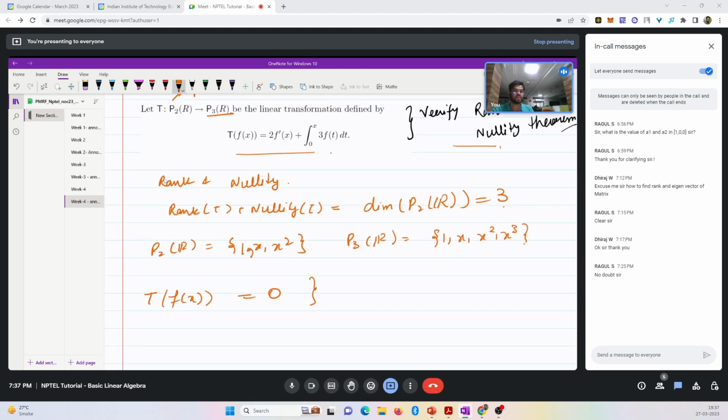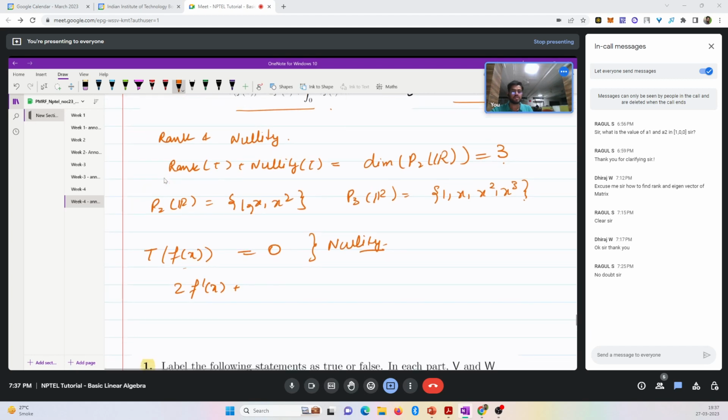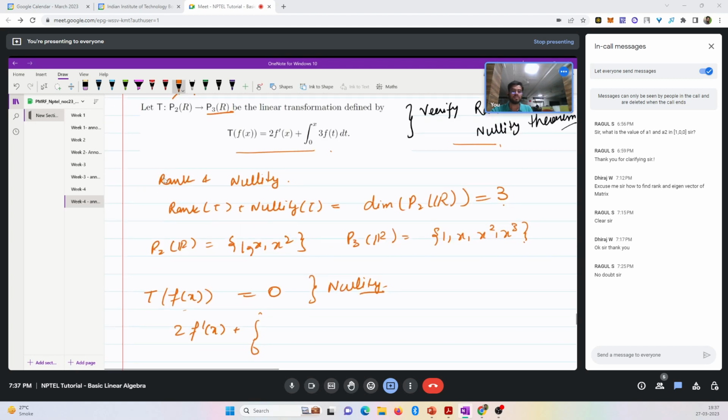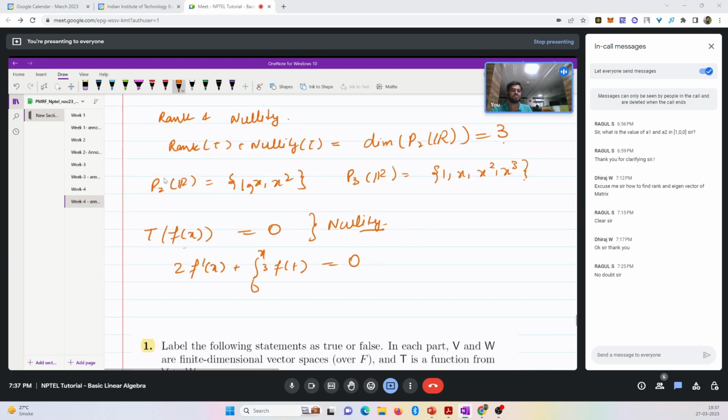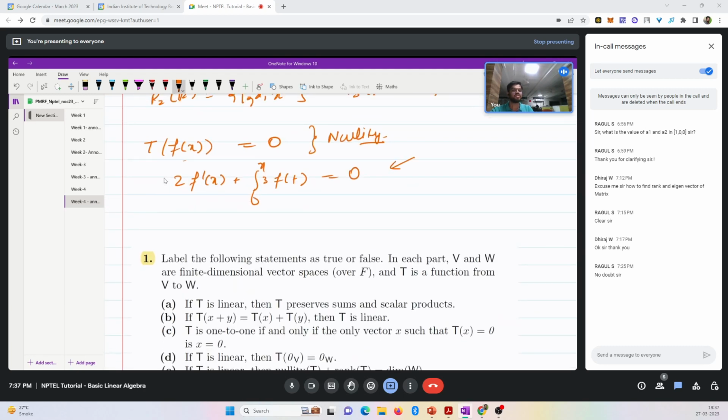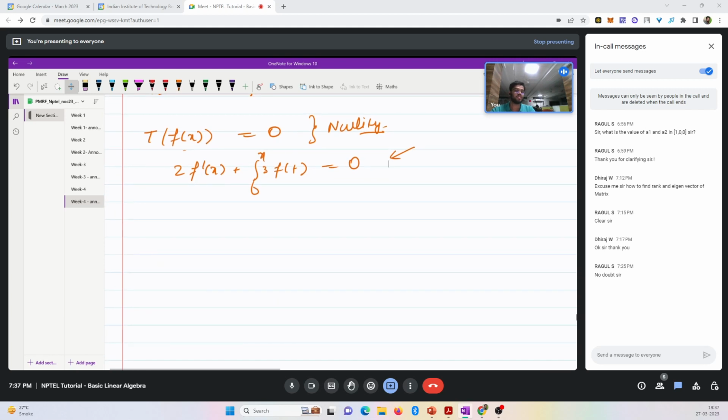This is one option to find the nullity, but this would involve solving 2f'(x) plus the integral from 0 to x of 3f(t) dt is equal to 0. We need to solve this equation to find the null space of this transformation, but this doesn't seem trivial to me. In fact, I don't know how to solve this.